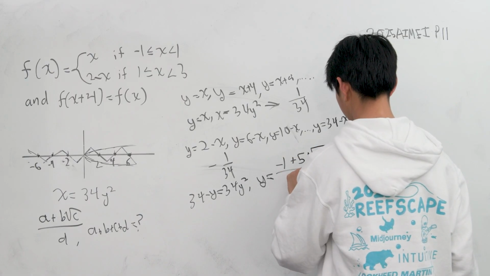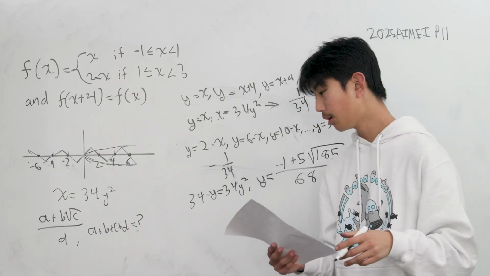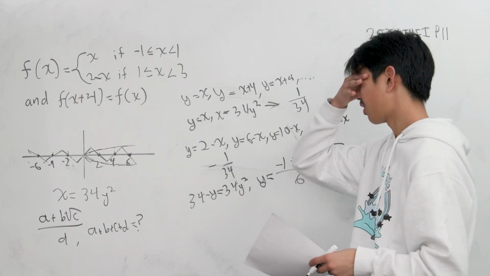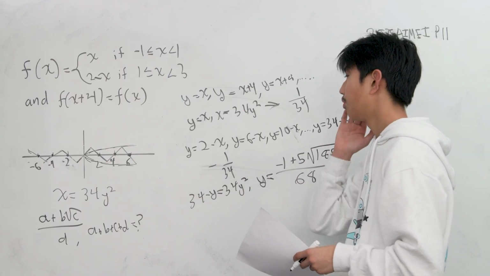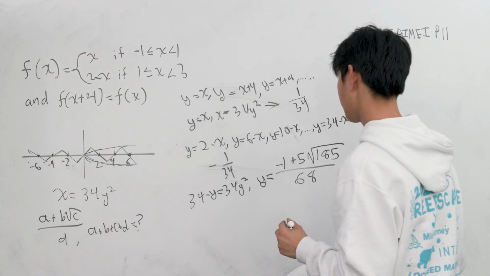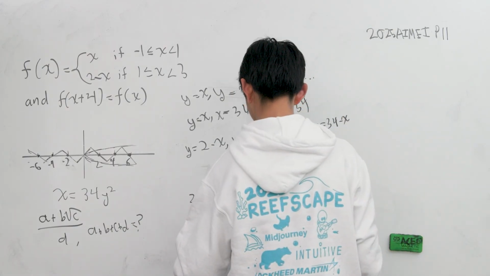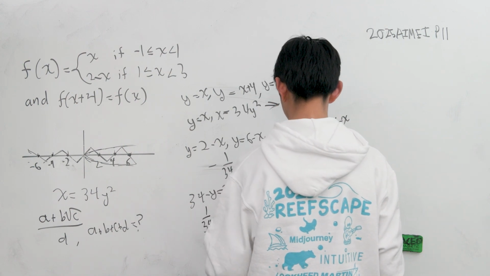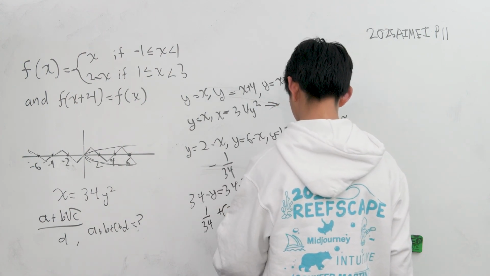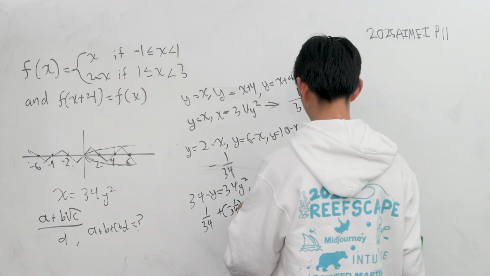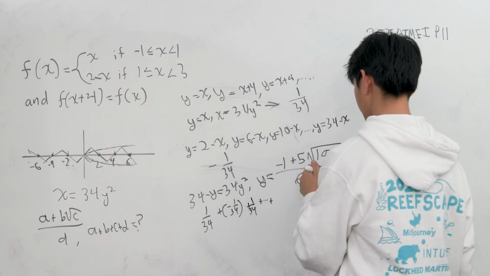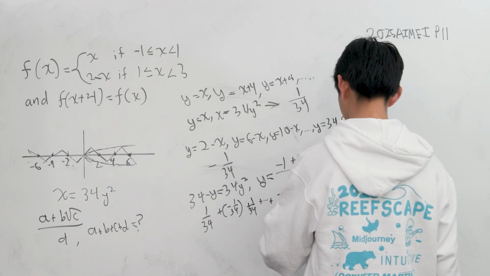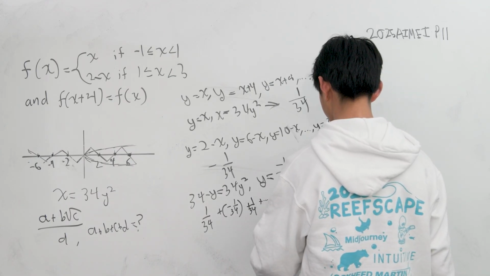over 68. Now, to sum up all these positive and negative patterns, it's going to be 1 over 34 plus negative 1 over 34, that's the negatives, plus 1 over 34 plus negative 1 over 34, all the way until you get to negative 1 plus 5 root 185 over 68.